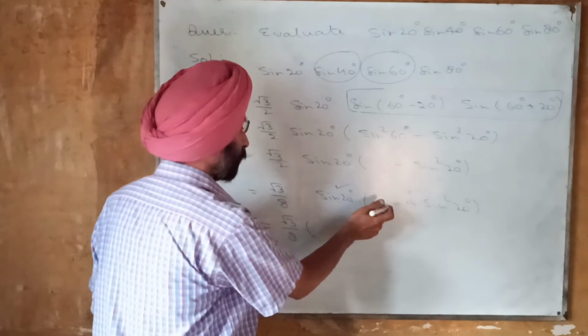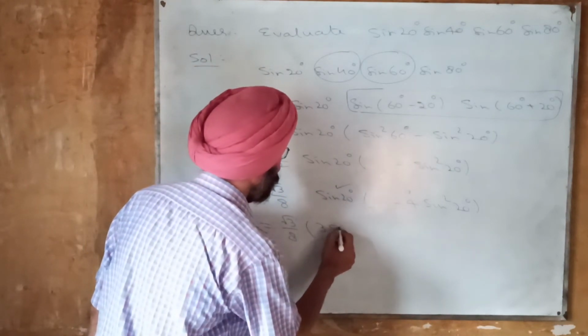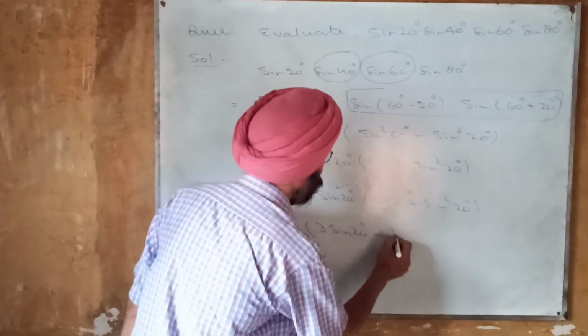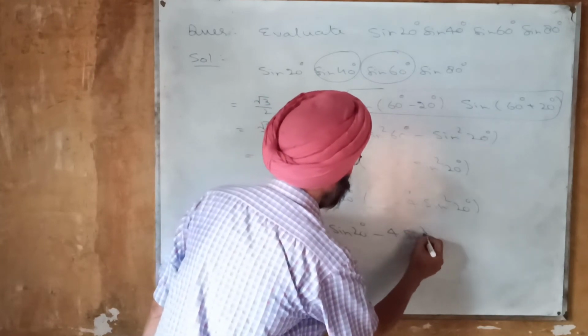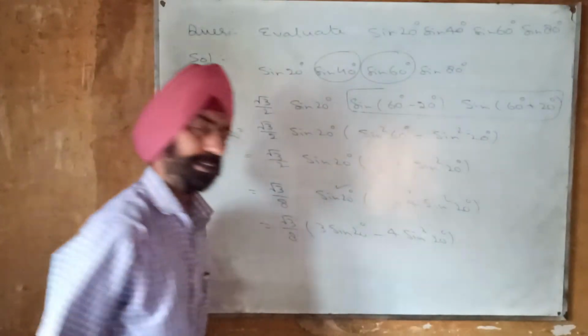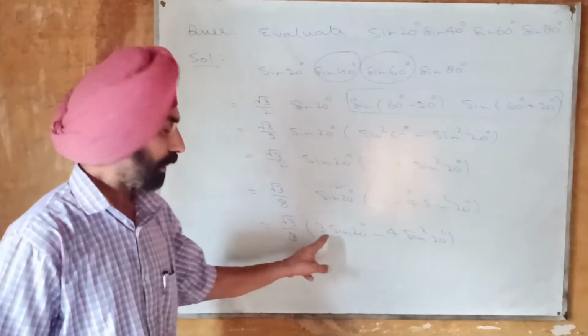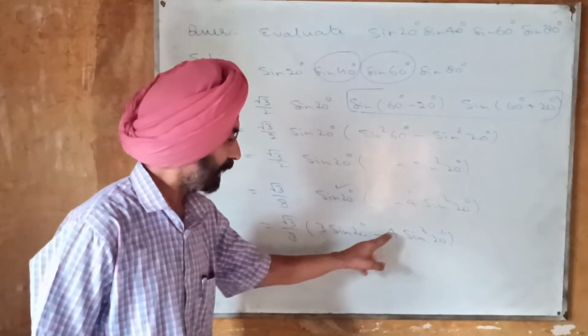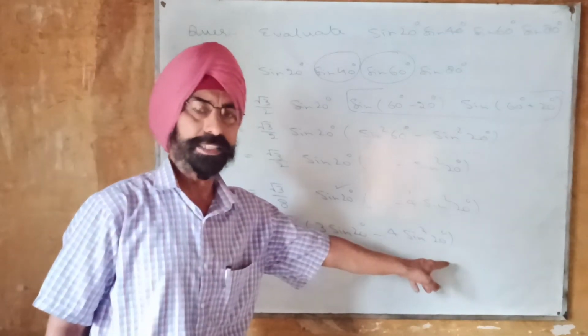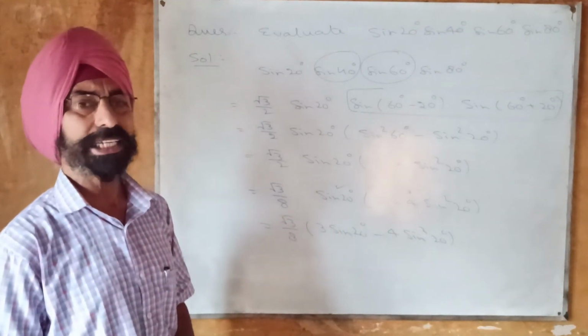So what do you get? 3 sine 20 degree minus 4 sine cube 20 degree. And if you remember, this is the formula: 3 sine theta minus 4 sine cube theta is the formula for sine 3 theta.